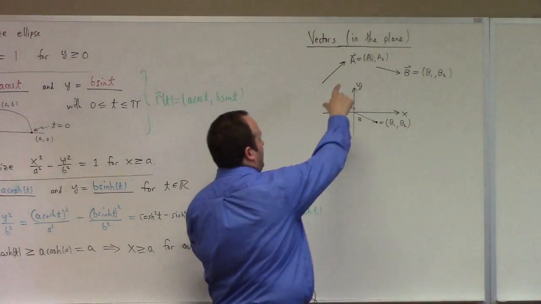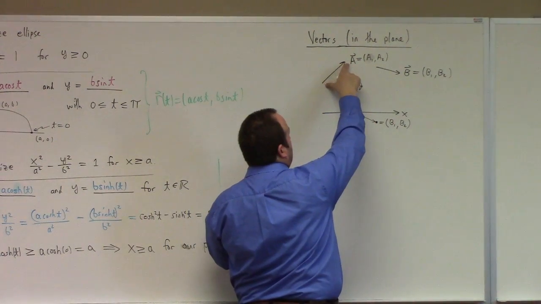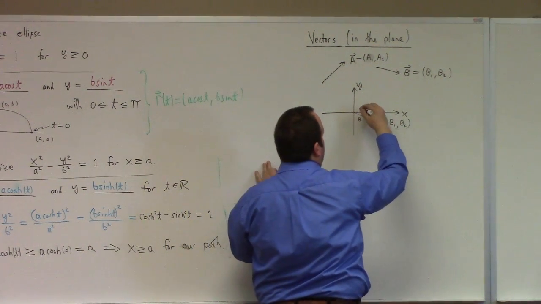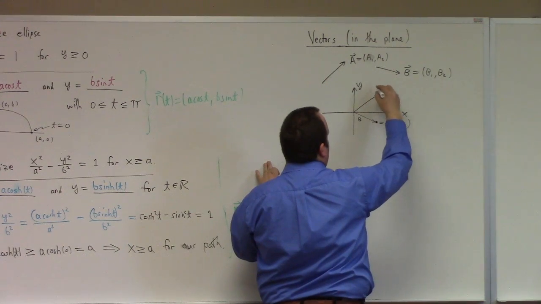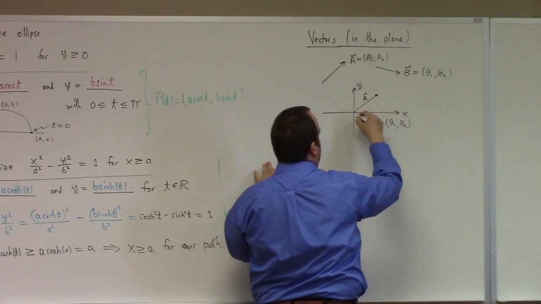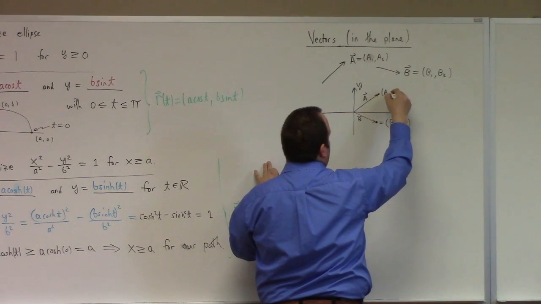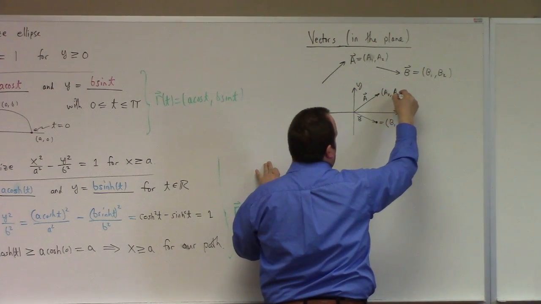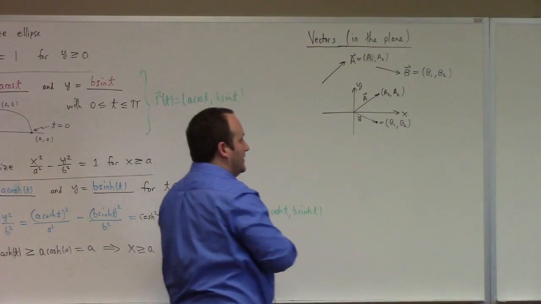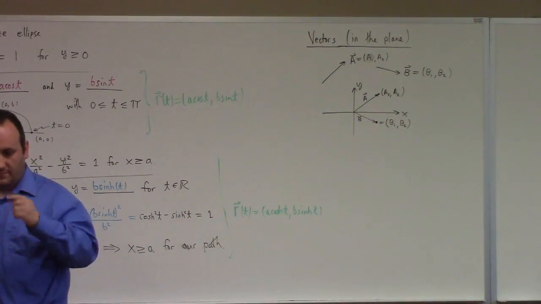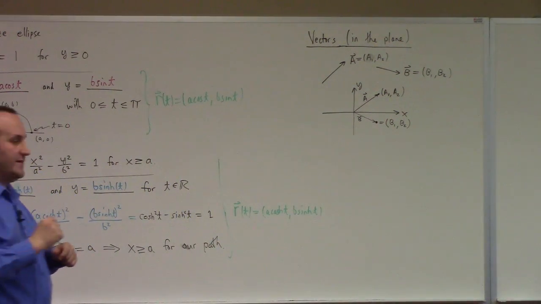And likewise, this vector, I can move it down to here, like so, and A points to that point right there, which is also A1, A2. Sometimes, guys, I'll write angle brackets to emphasize it's a directed line segment.